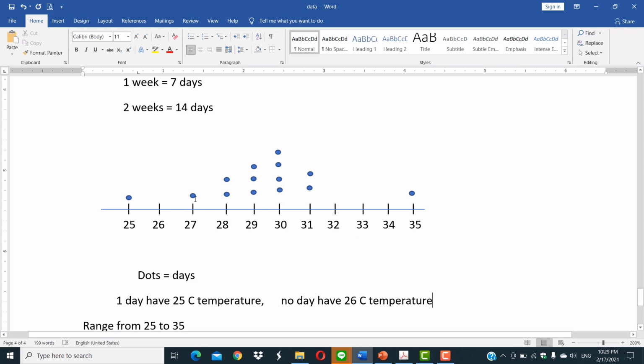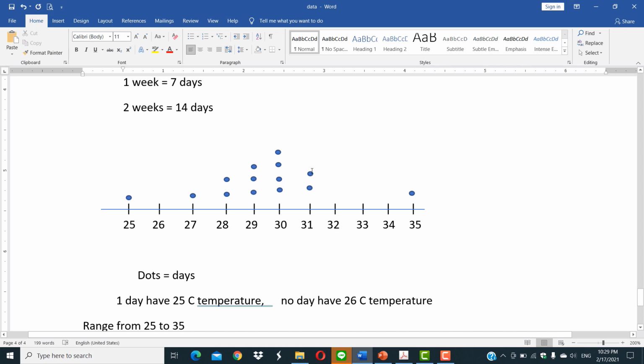27 is the same, only 1, meaning 1 day had 27 temperature. Here 2 dots means 2 days had 28 degree centigrade. Then 3 days had 29 degree centigrade. 1, 2, 3, 4, 4 days had 30 degree centigrade temperature.